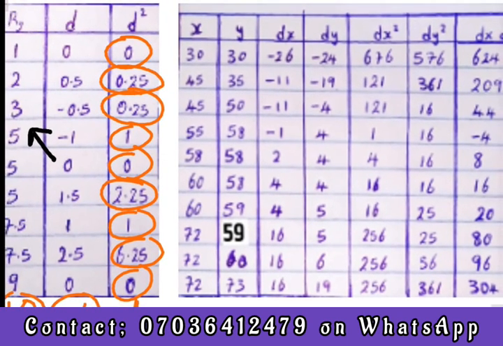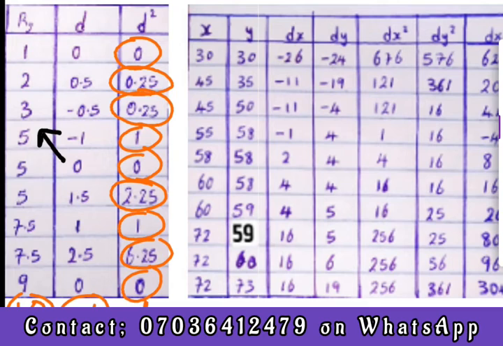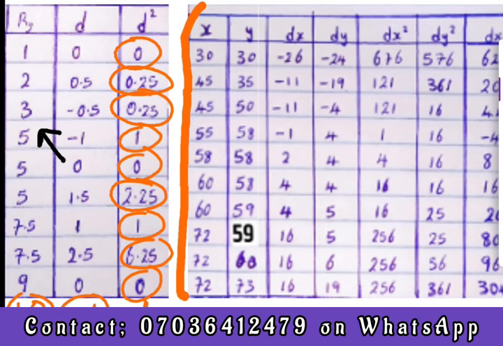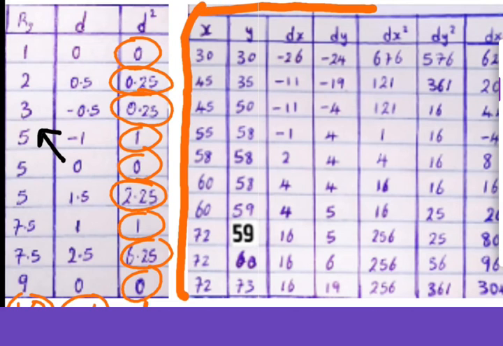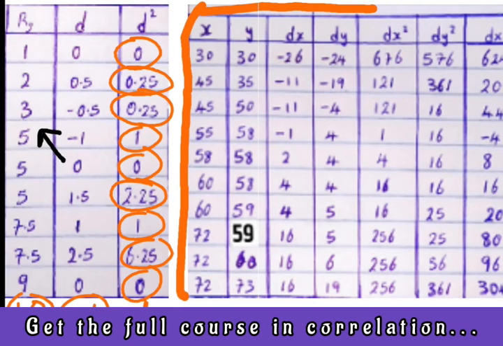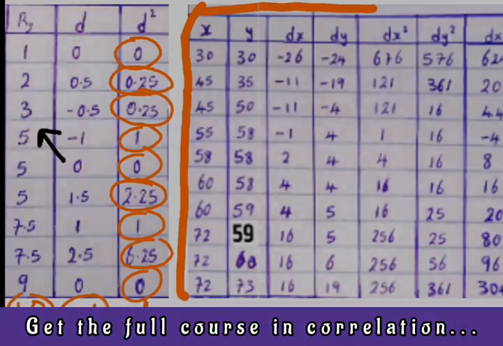On the table which you can see here, we already have columns for x, y, dx, dy, dx squared, dy squared, and all of that. From the formulas, you know that these are the columns that are necessary. So you put in all the scores under x, which stands for economics, and then all the scores under y, which stands for accounting.